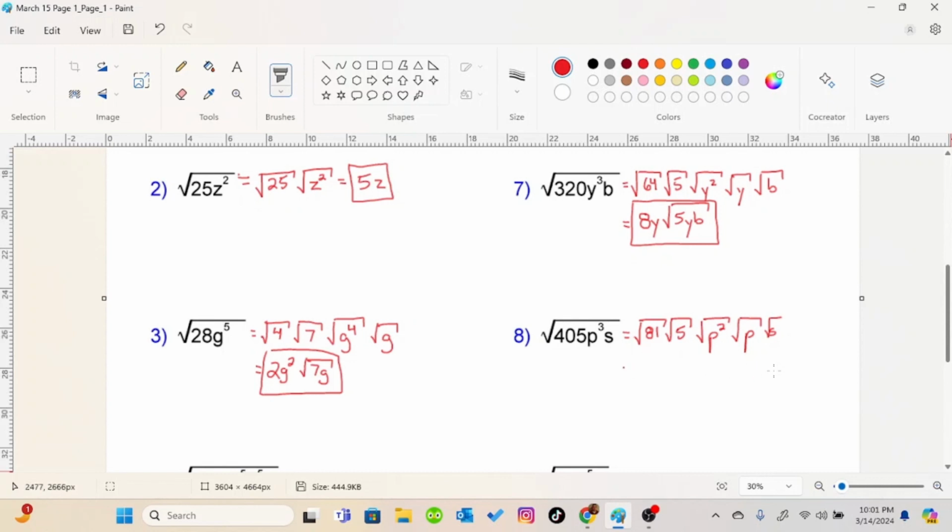Square root of 81 is 9, and the square root of p squared is p. Then we combine 5ps under the radical, and our final answer is 9p times the square root of 5ps.